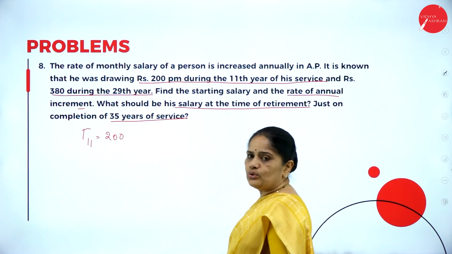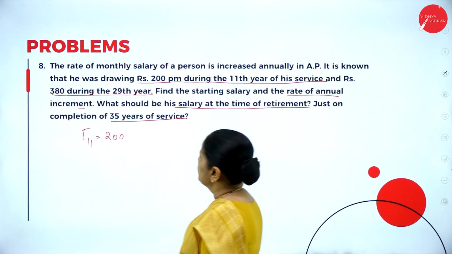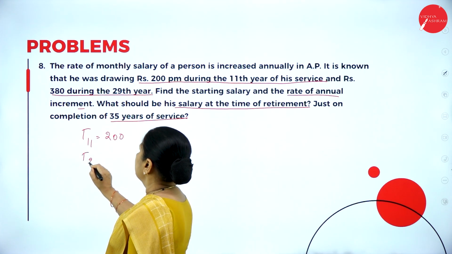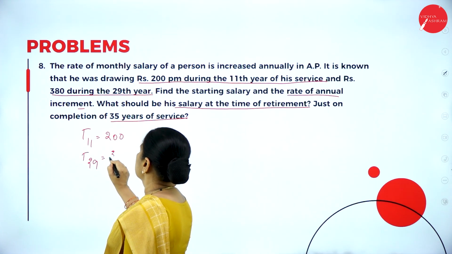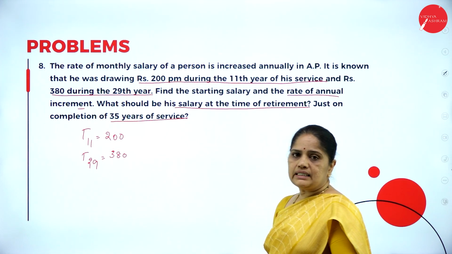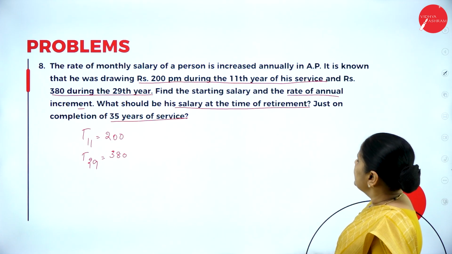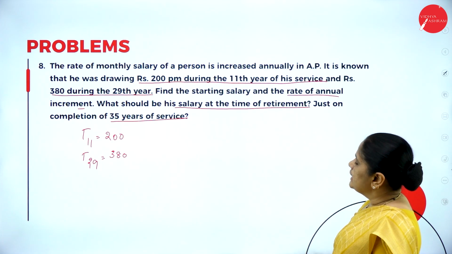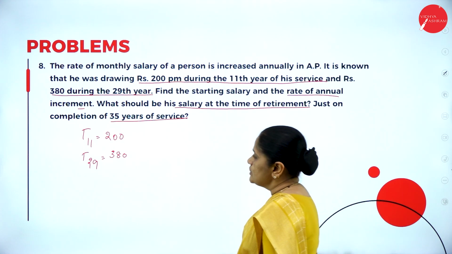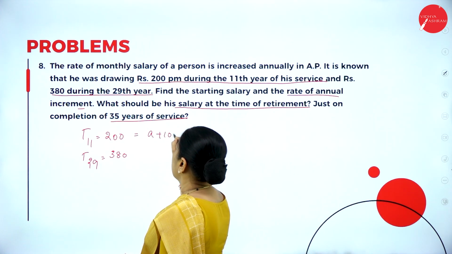He was drawing 200 rupees in his 11th year of service, and T29 equals 380. In the 29th year, he was earning 380. Find the starting salary and the rate of annual increment. So T11 equals A plus 10D.